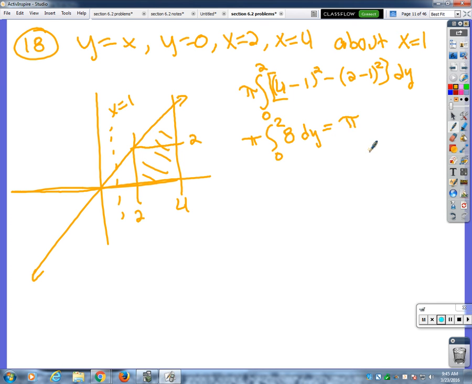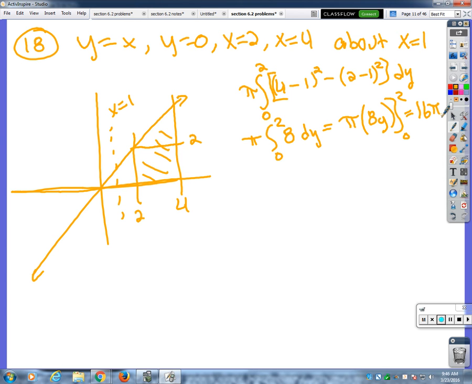Because we have to do the antiderivative, the antiderivative of that is 8y. Going from 2 to 0, that turns out to be 16 pi. So the volume of that cylinder with the missing piece in the middle is 16 pi.